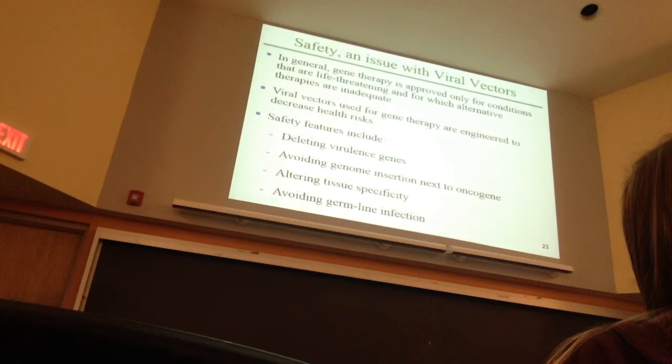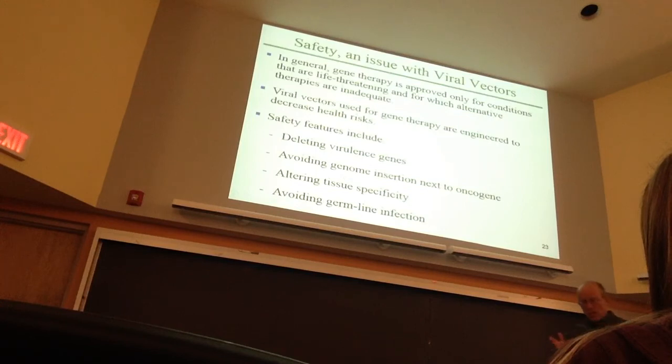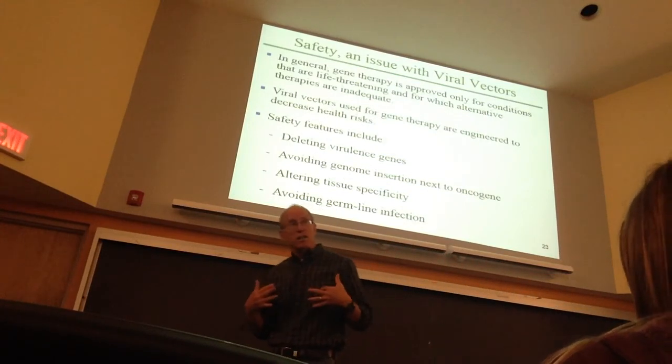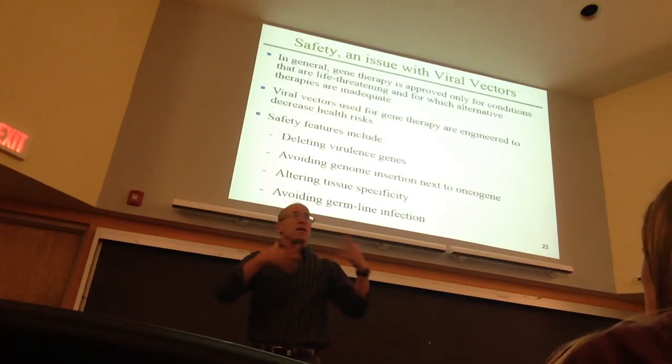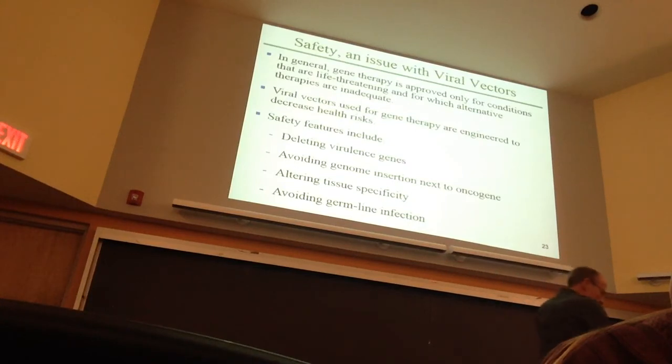So like I said, they've been engineered to decrease health risks, deleting the virulence genes. Evidently, if you insert next to an oncogene, which is the genes that we harbor, that if they are expressed, can cause cancer. So, cancer is such an interesting biological problem.